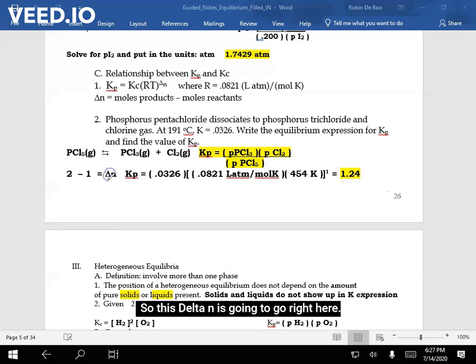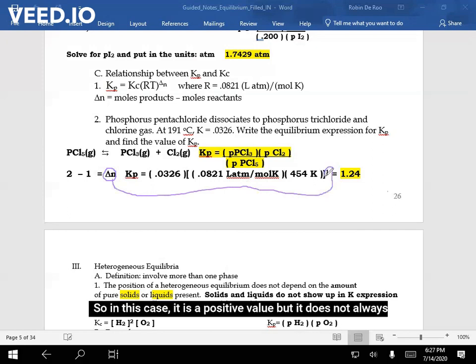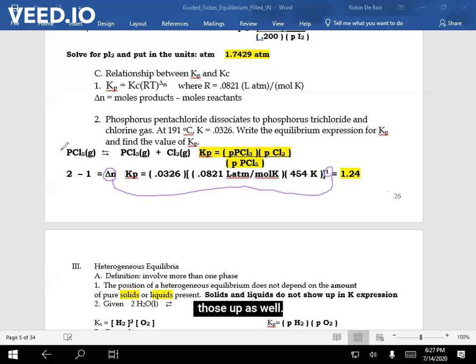So this delta n is going to go right here. So in this case, it is a positive value, but it does not always have to be a positive value. It could be a negative value. It's always going to be adding up the moles of the products and then subtracting the moles of the reactants. And if you have more than one reactant, you'll have to add those up as well.